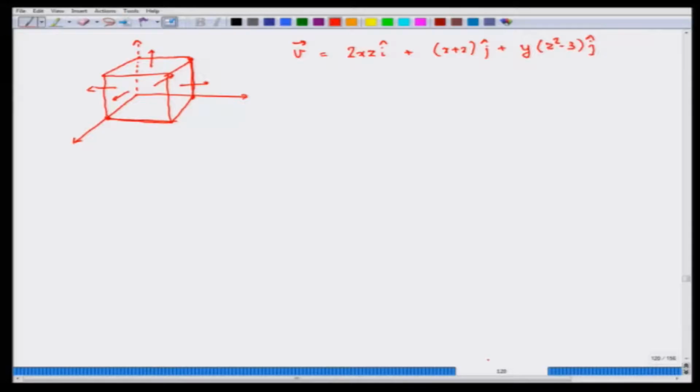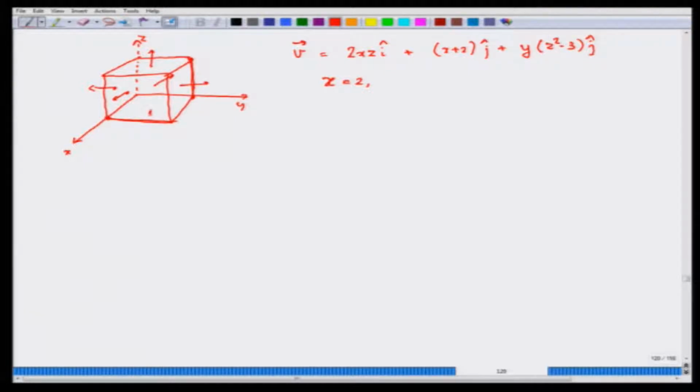Here we start with the first surface, which is exactly facing us, the one here. You observe there is no change in x, but the change is essentially in y and z. So x remains equal to 2 in the first case. This is surface 1.